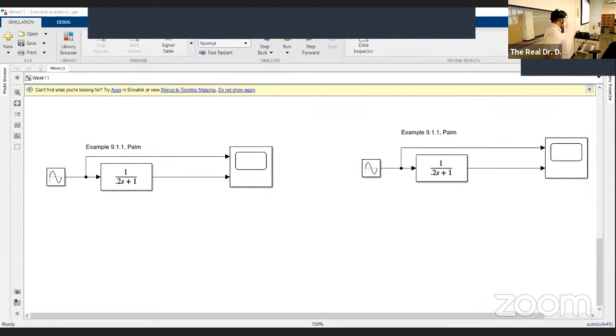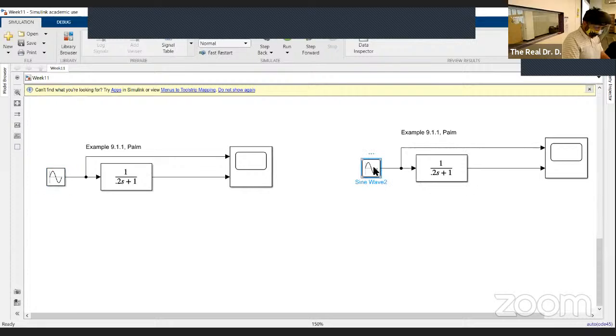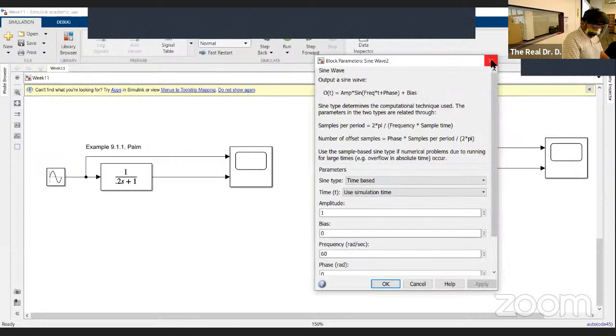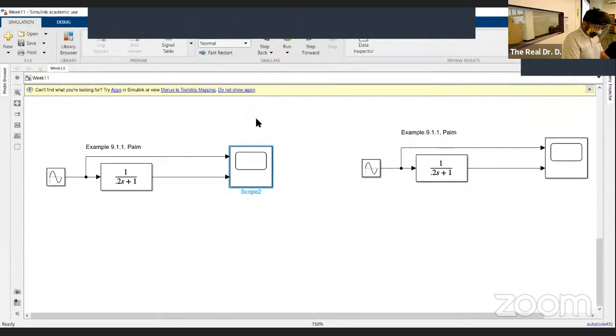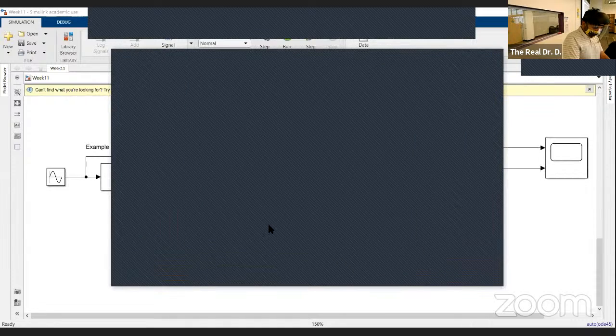Notice I've got my transfer function, right? I've got my sine inputs. This one's my 1 at 15, right? This guy is 1 at 60. I will run this and share this scope.